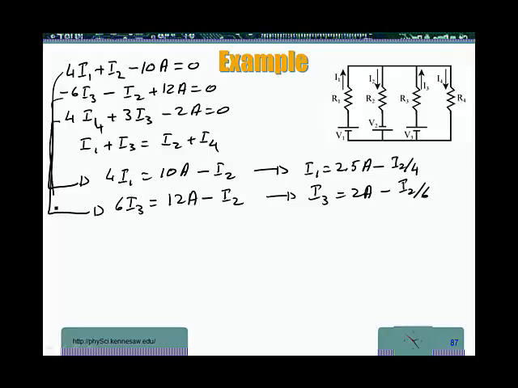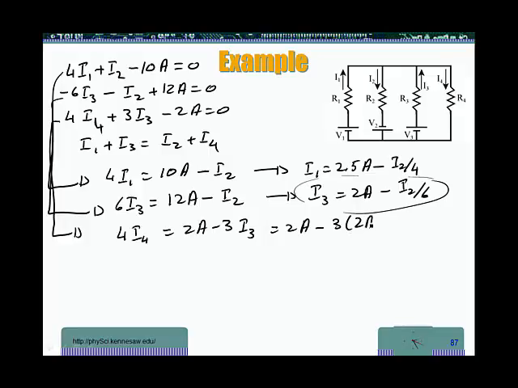Now the last equation, what I can do is I solve for 4I4 first, is equal to 2 amps minus 3I3, and then I use I3 that we just found here. So this is 2 amps minus 3 times 2 amps minus I2 over 6.